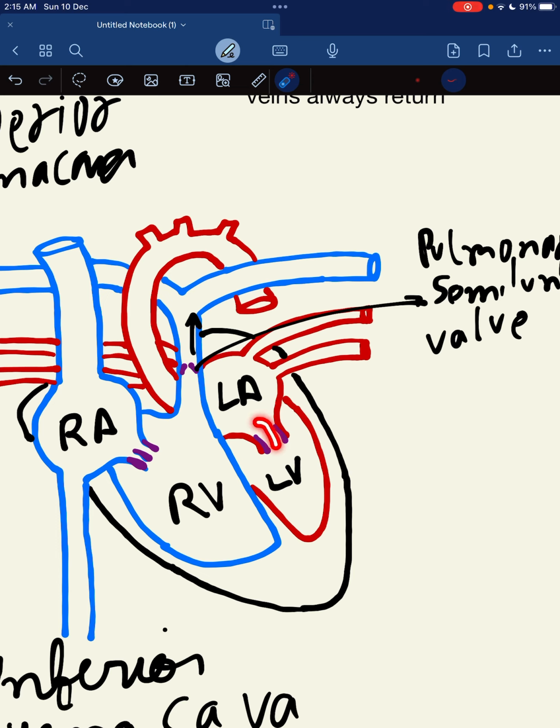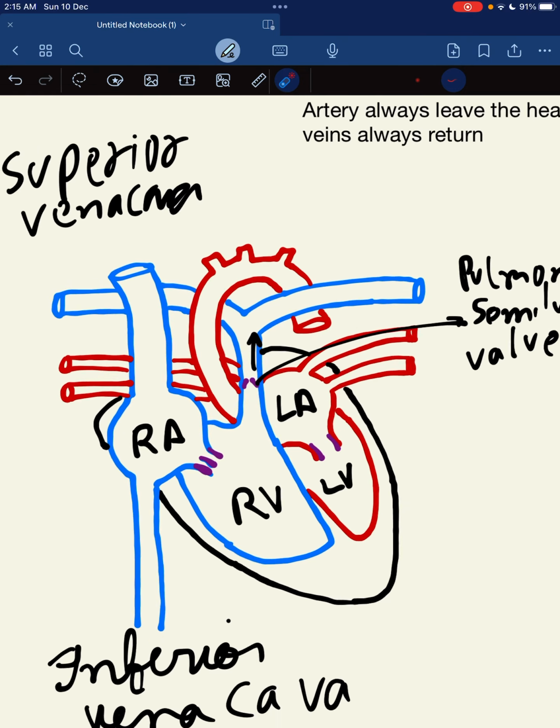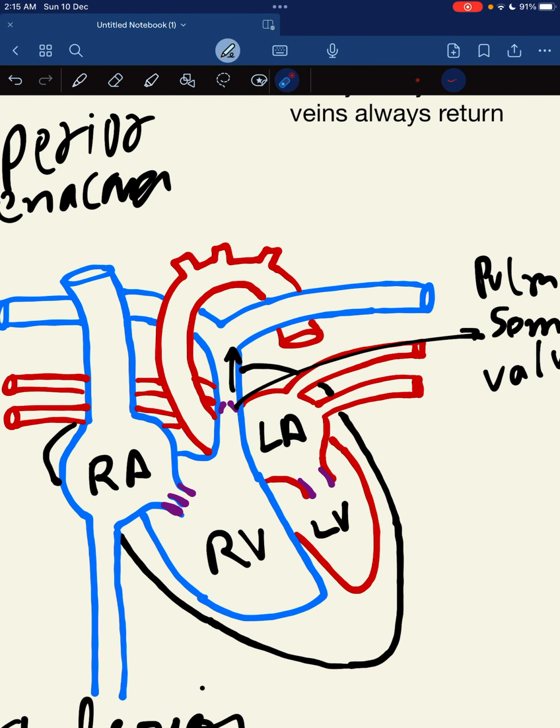Through the bicuspid valve it goes into the left ventricle, and the left ventricle contracts and ejects the blood out through an artery known as the aorta. Again, here is a semilunar valve.